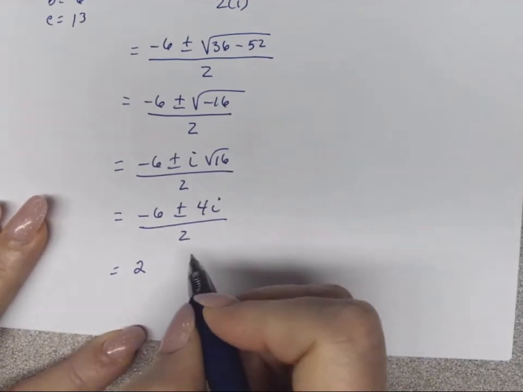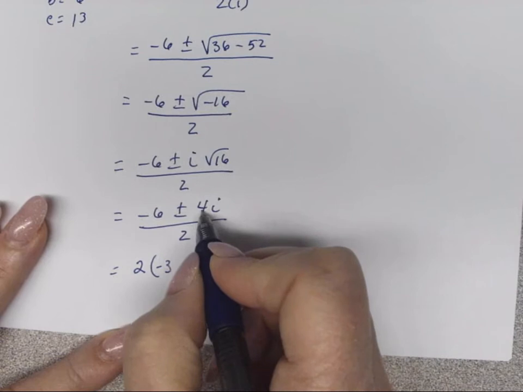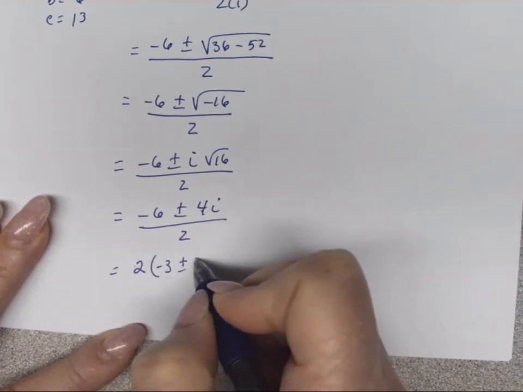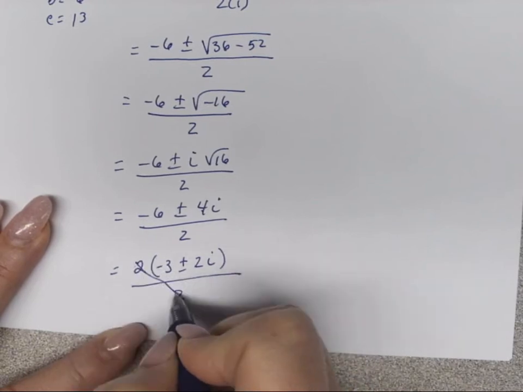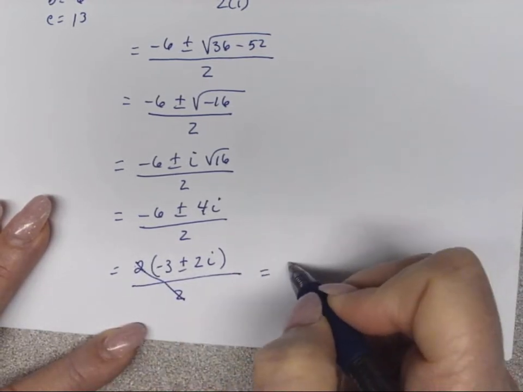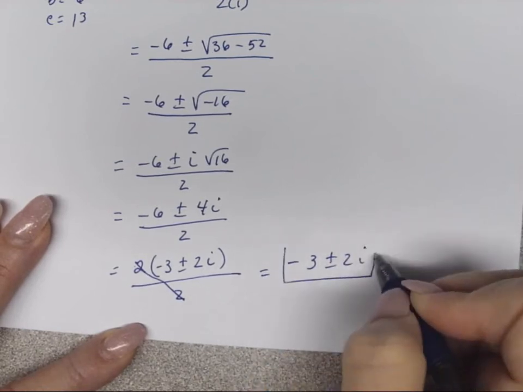If I factor out a 2, negative 6 divided by 2 would leave us with negative 3. 4 divided by 2 would be 2. All over 2. The 2's will then cancel, and you end up with negative 3 plus or minus 2i, and that would be your final answer.